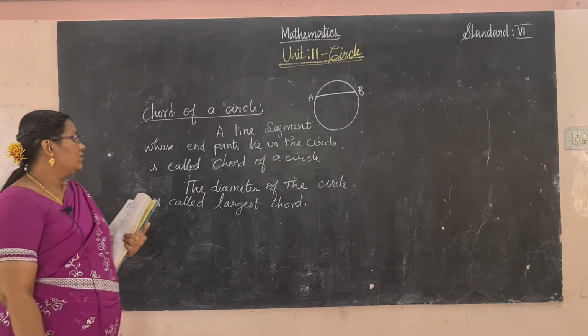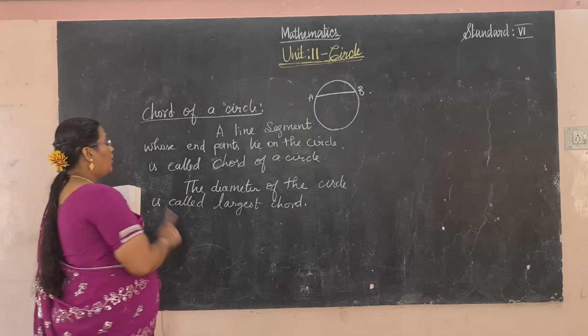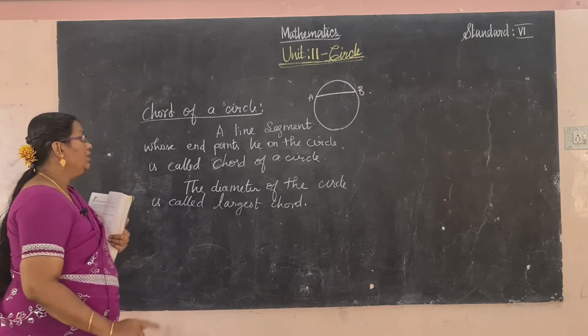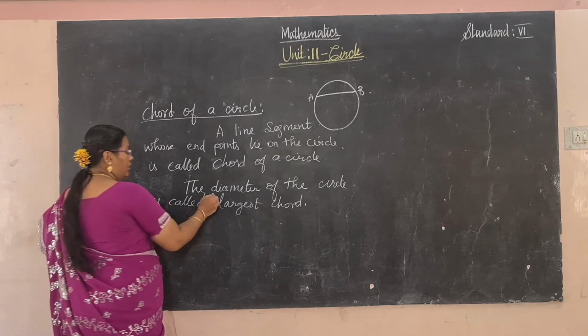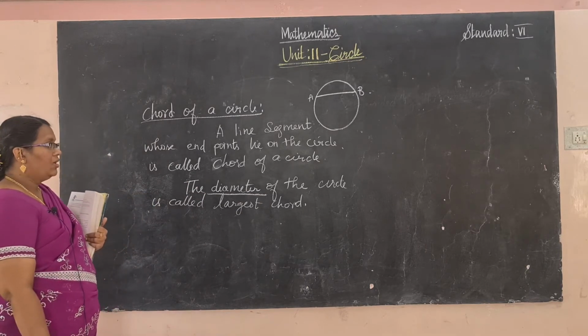It passes through the center. The diameter passes through the center, but an ordinary chord does not pass through the center. But the largest chord is the diameter. Very clear.